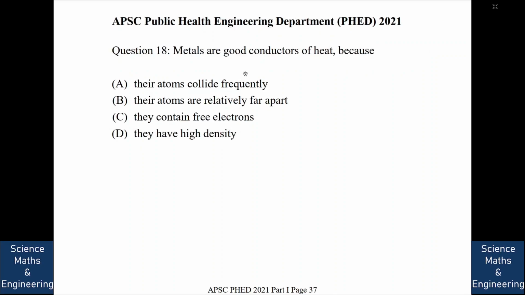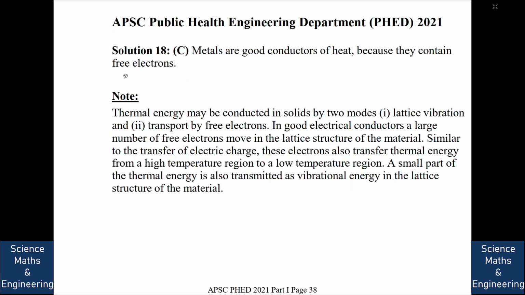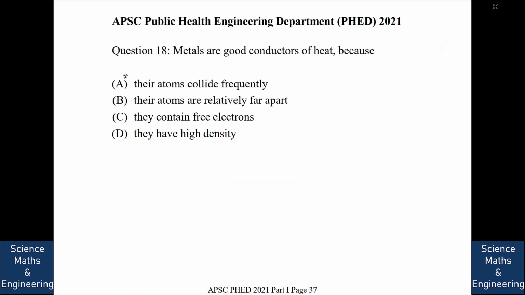Metals are good conductors of heat because their atoms collide frequently, their atoms are relatively far apart, their atoms contain free electrons, or they have high density. So the answer is, actually, metals are good conductors of heat because they contain free electrons as well as because their atoms collide frequently.